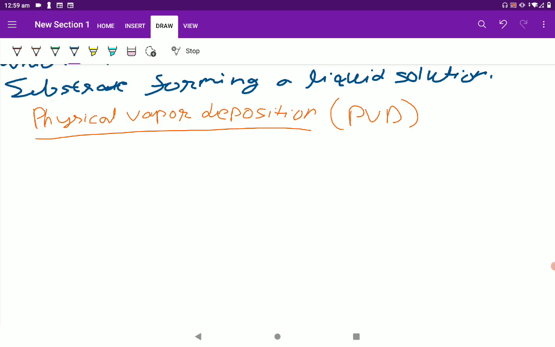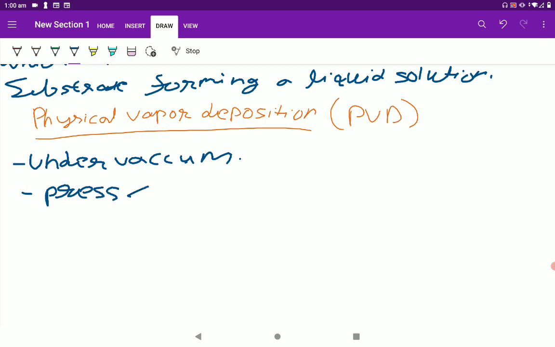So mostly all surface treatment processes are conducted under vacuum. It means that in this process the pressure is lower than the atmospheric pressure.